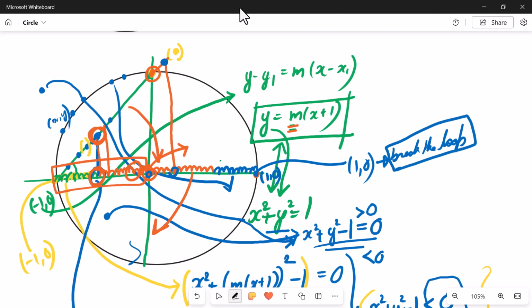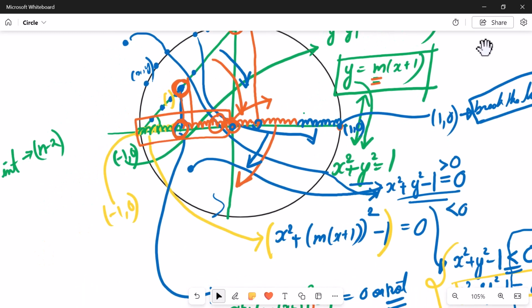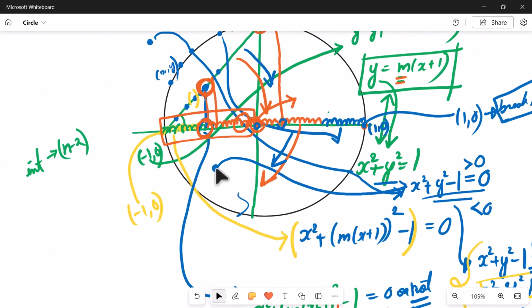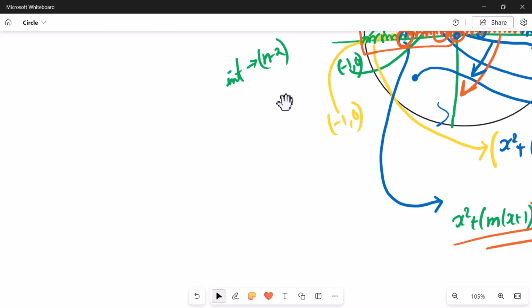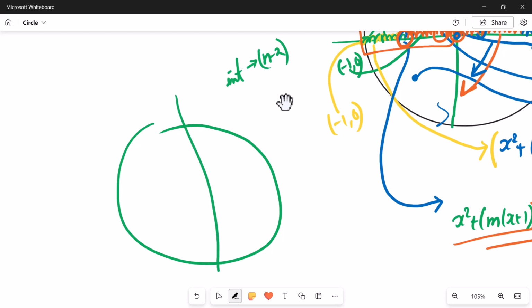Now we have to rotate these lines as well until we satisfy some condition. Let me make some space and make another circle here, so that we can work with a cleaner circle. Obviously this is not a circle and this is obviously not a line.